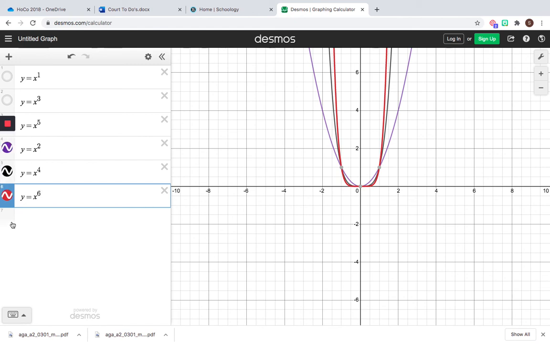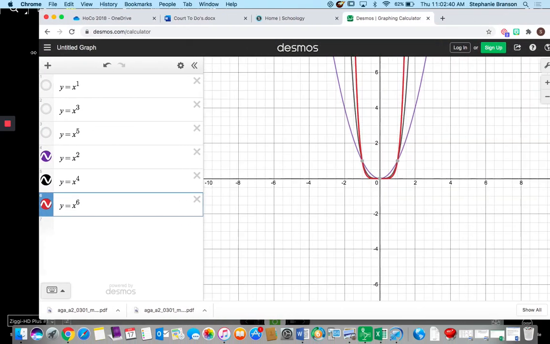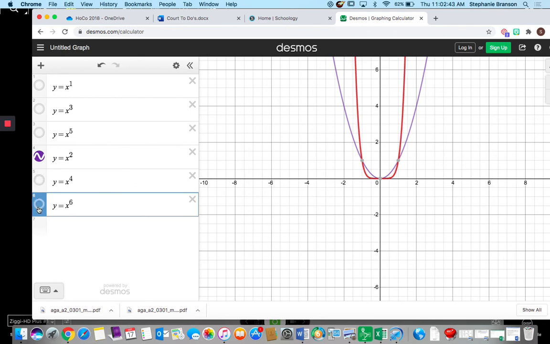If we started with the purple graph, we're in quadrants 1 and 2, but then we looked at the black graph here, and it stretched, it got a little bit taller, right? Our graph got steeper, and it got even steeper with the red graph, right?